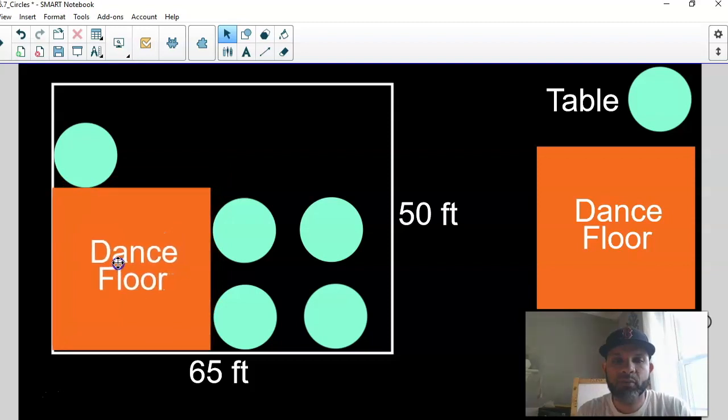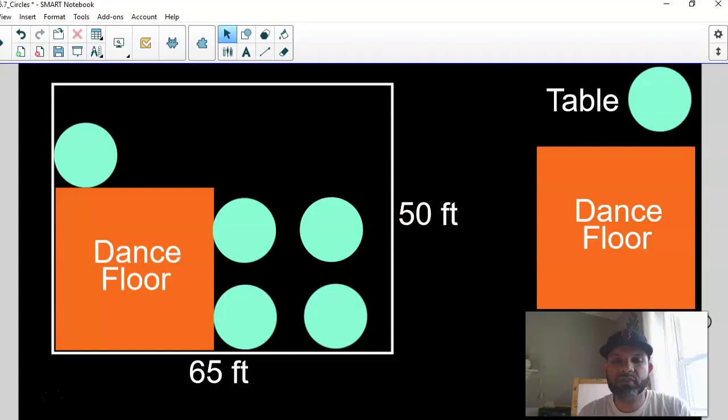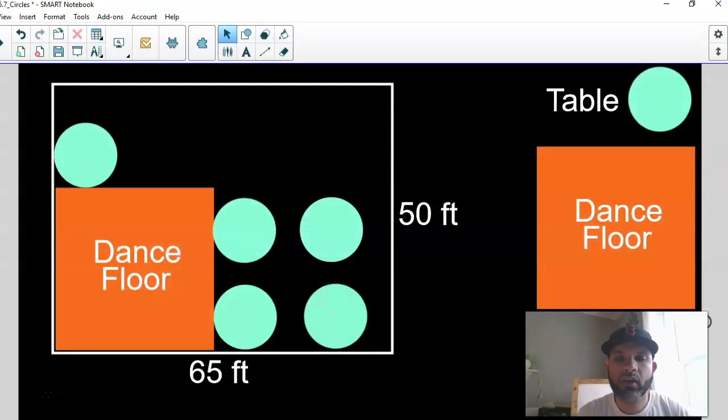But we know we've got space for 21 tables, and as we know, circular tables don't cover floors perfectly. So draw a picture and show me your breakdown. What does it look like? How many tables did you use? Then email it to me.